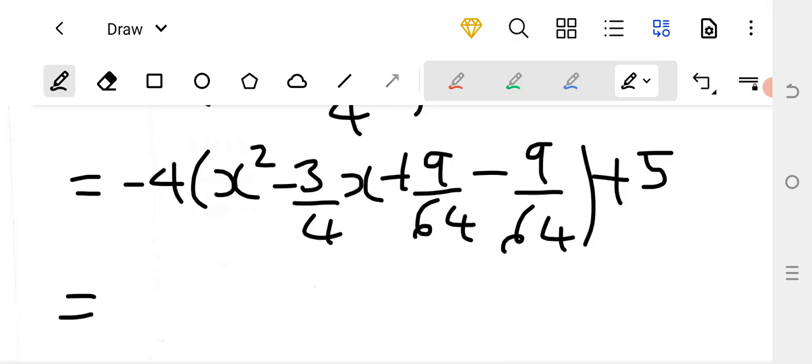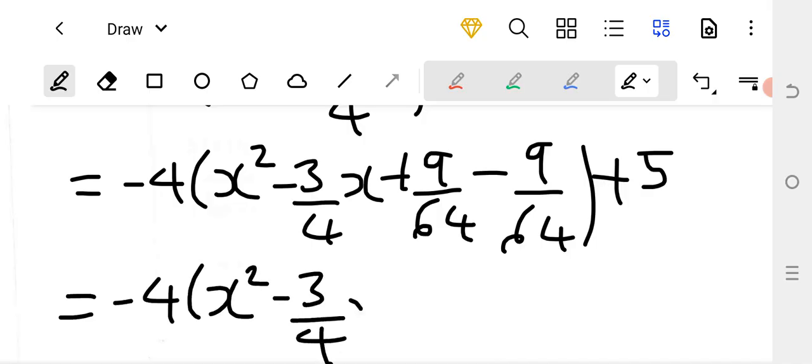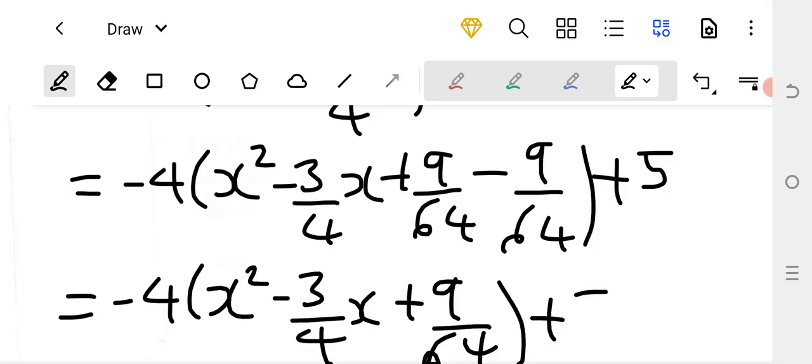So we're going to say it's equal to negative 4 multiplied by x squared minus 3 over 4x plus 9 over 64. Then if you remove this out of the brackets, we only remain with this one that is positive. You remove that one out of the brackets, it's going to become plus 5. But it just can't come out of the brackets the way it's looking, because the negative 4 is going to affect it.